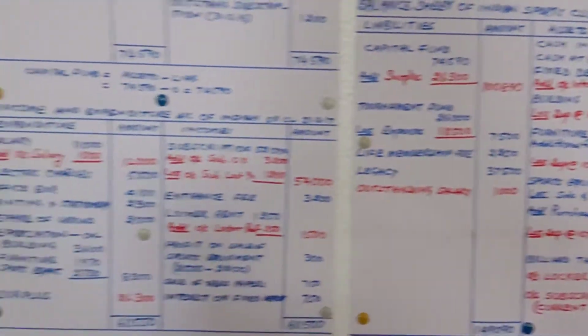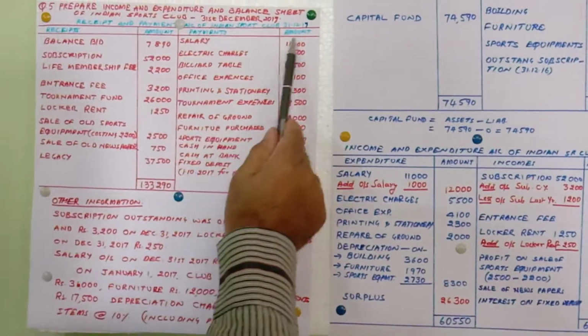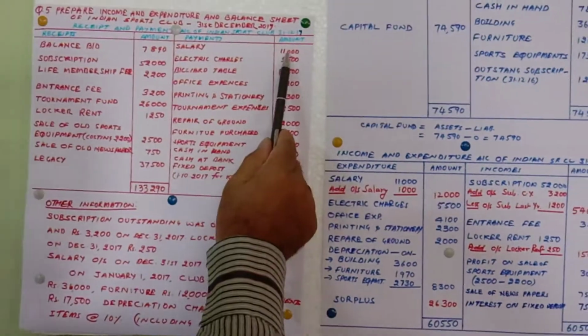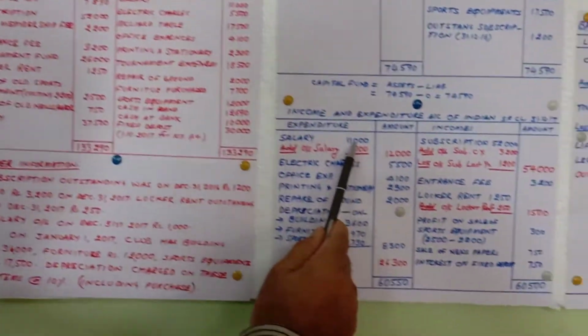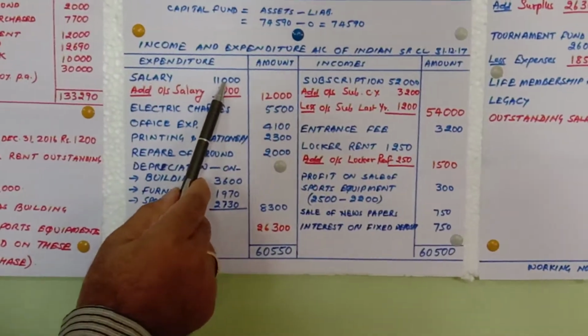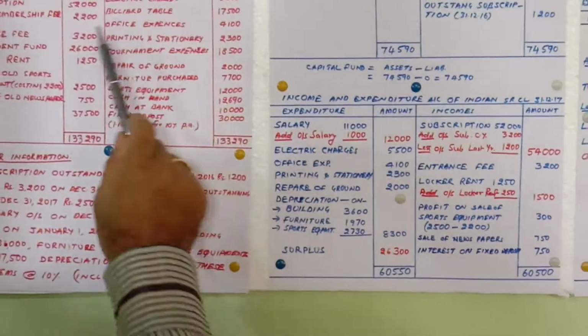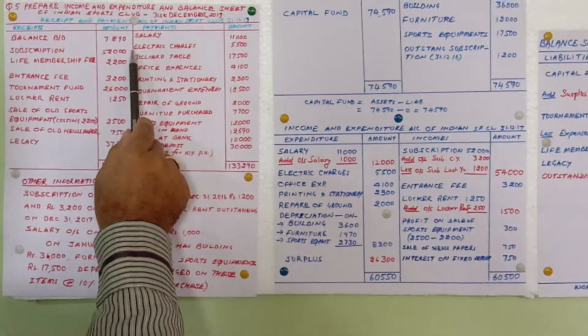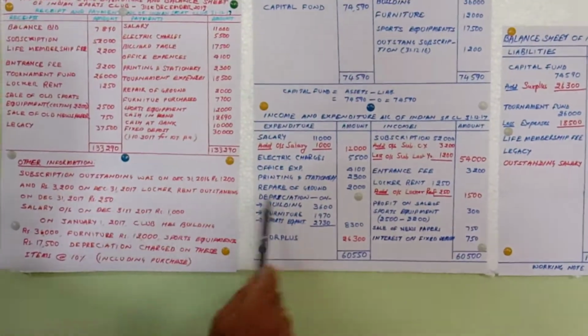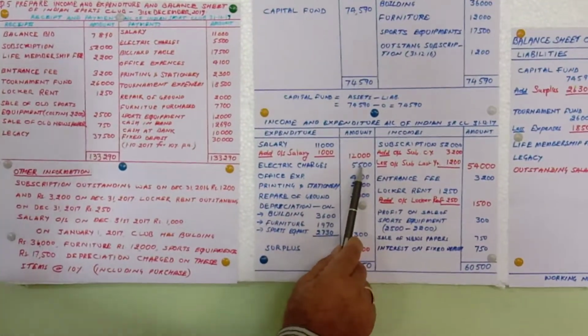So let's see. Now I have taken the payment side. Salary 11,000, so I have written 11,000 in the income and expenditure account. Then I left some space for the adjustment. Then electricity charges, this is a revenue item, so I have taken it here.